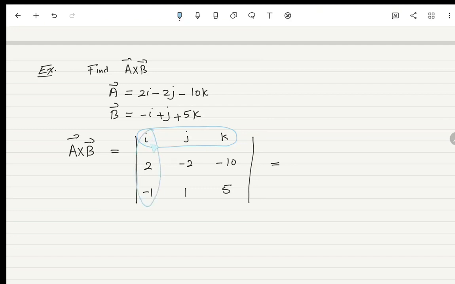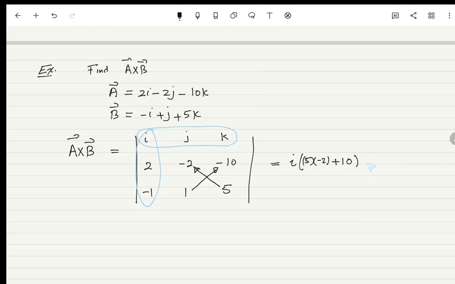As you can see here, the common one is I. You multiply this with this minus this with this. So it's 5 times minus 2, minus minus 1 times minus 10, it's minus 10, minus minus, it's plus 10.